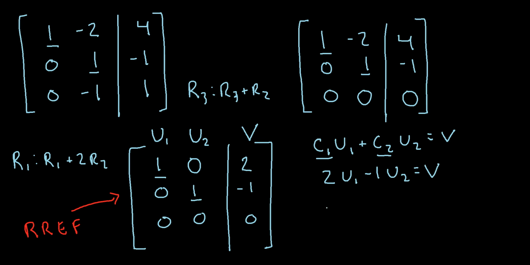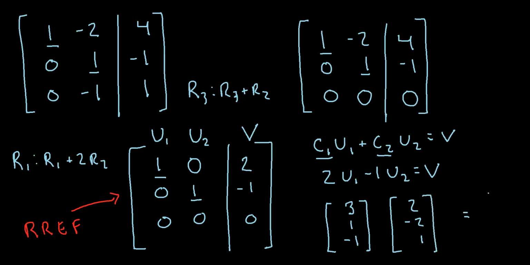And if you'll recall, the original values for u1 were 3, 1, -1. The original values for u2 were 2, -2, and 1. And the original values for v were 4, 4, -3. So what we see is this equation does hold true.